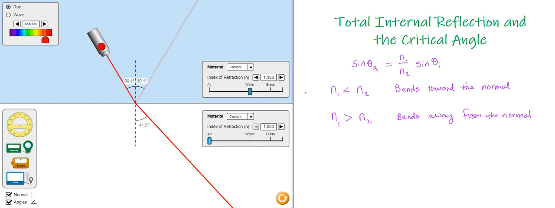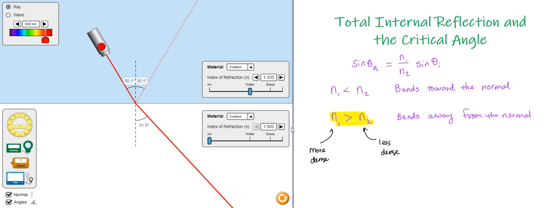Now another thing that's very interesting is this idea over here, and this is what we're focusing on for the remainder of the video, where we're going from a more dense substance. It'll be helpful to write that in here. This is more dense because it's a larger index of refraction. This is less dense.